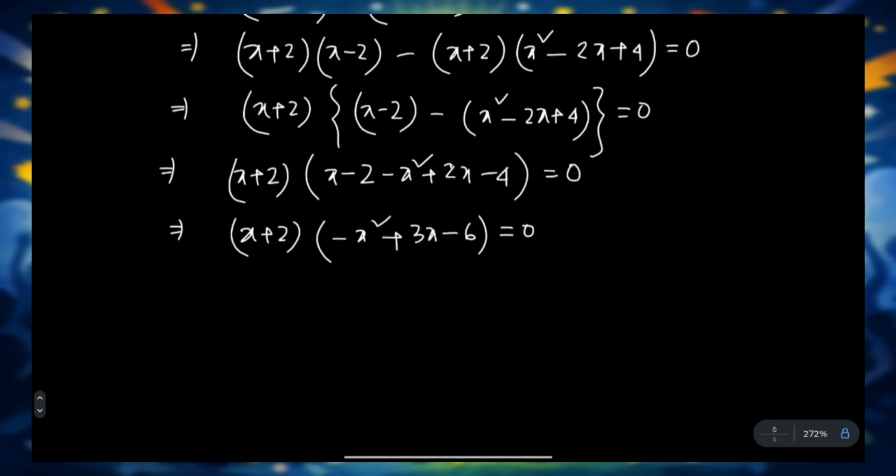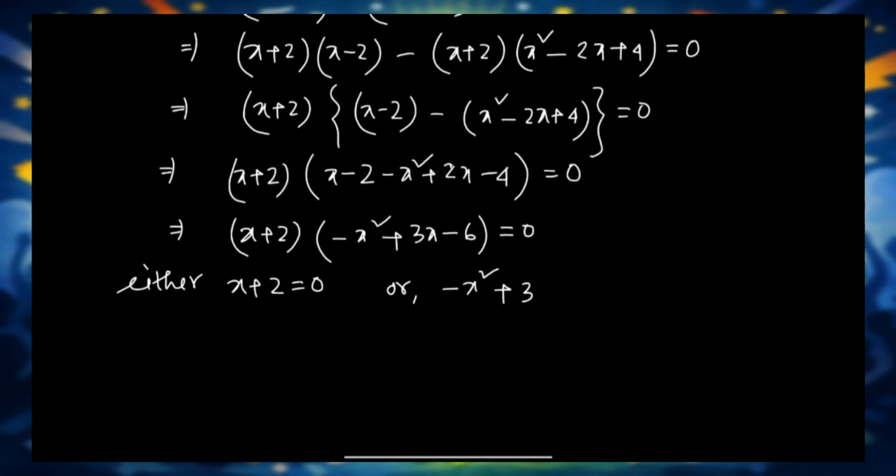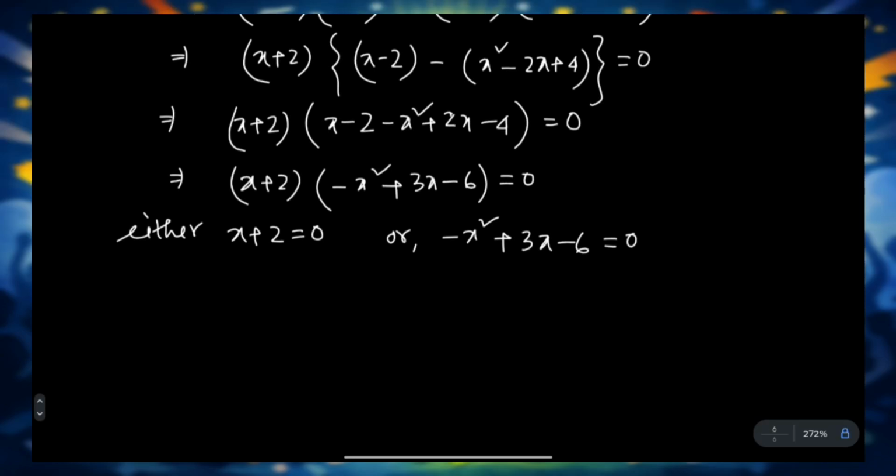So either x plus 2 equals to 0 or minus x square plus 3x minus 6 equals to 0. So from there we can write x equals to minus 2, and from here both the sides multiplied by minus, we can write this as x square minus 3x plus 6 equals to 0.